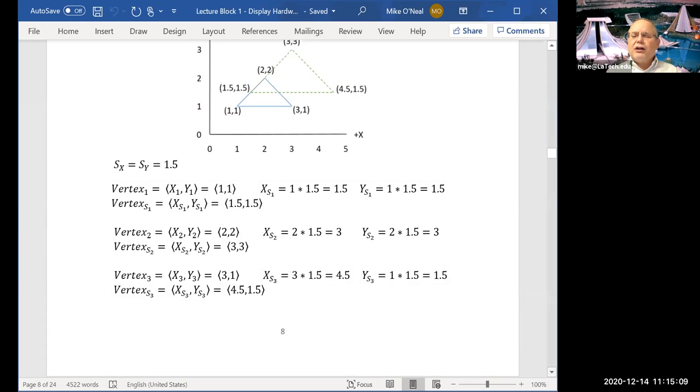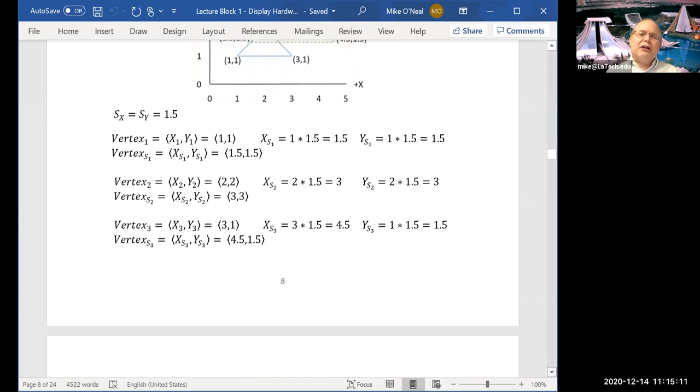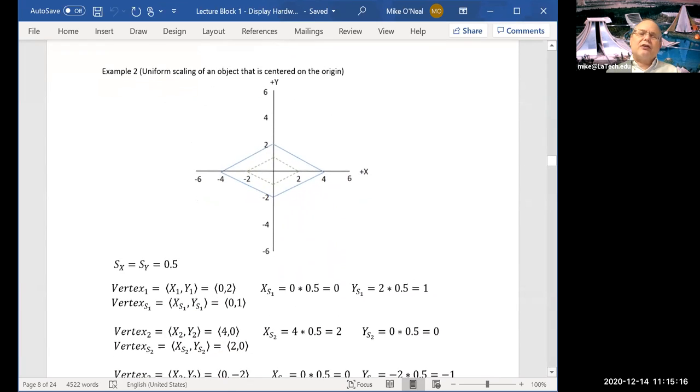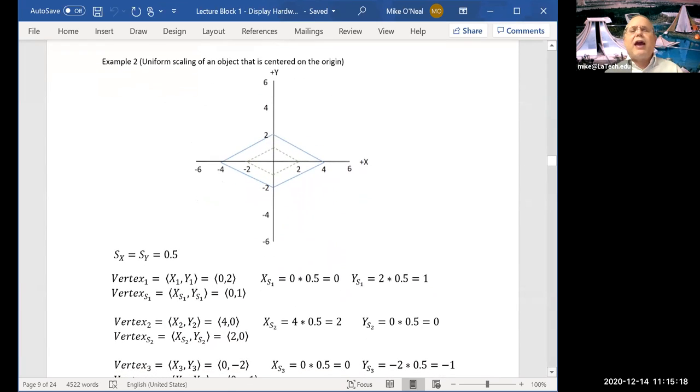So if you're not 100% on the math, I'm giving you examples that I worked through so that there should be no gaps here. I go through in excruciating detail with examples, so you should be able to see.